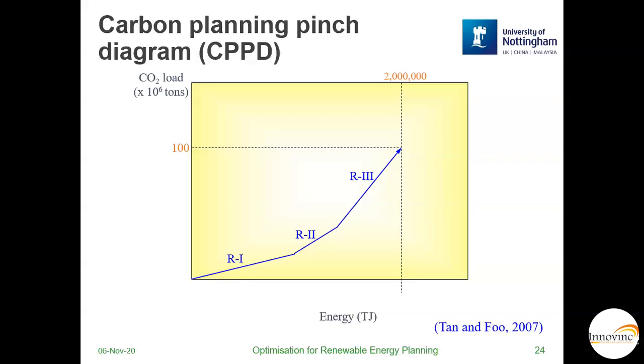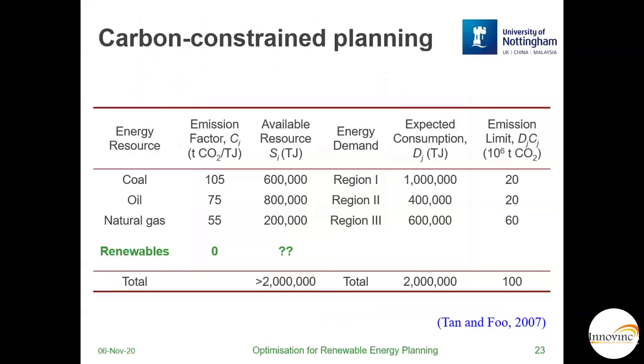You can see that the three segments representing the three regions have ascending slope. That slope actually represents the intensity of the region. If you check again, the slope represents the emission limit divided by the energy consumed by these regions.